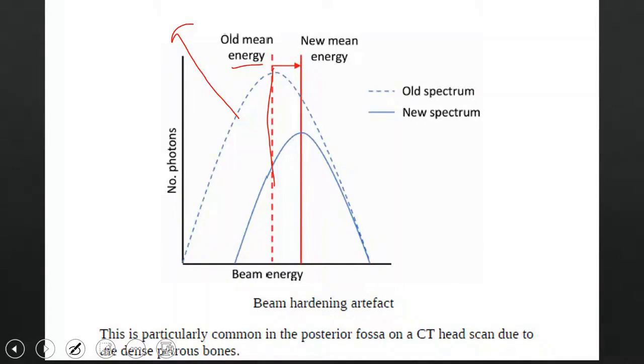In this case, you have increased the average energy, while you have removed part of the number of X-rays. I call this the beam hardening effect.